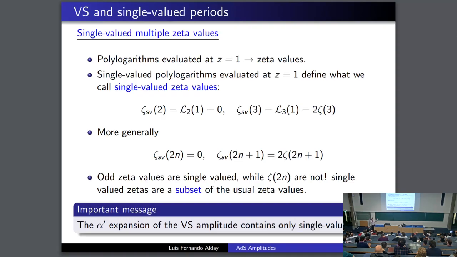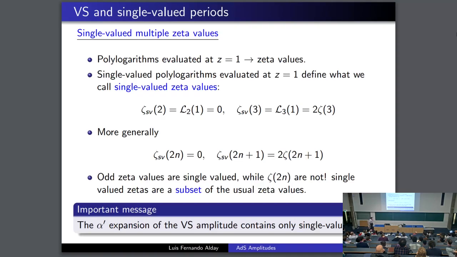And the others do not. Okay? So zeta 2, you cannot get like that. Zeta 3, you can. Okay? You can get it by evaluating this L3 at 1. So, odd zeta values are single-valued, while the even ones are not.